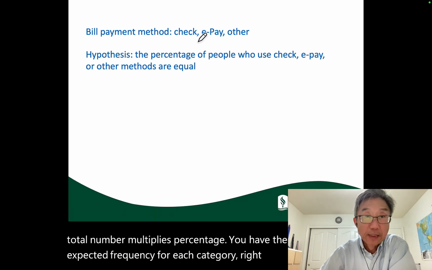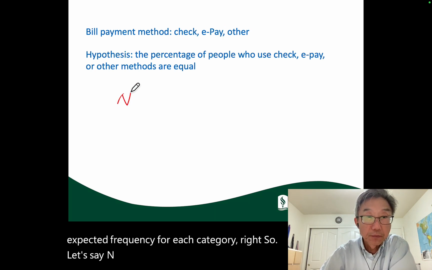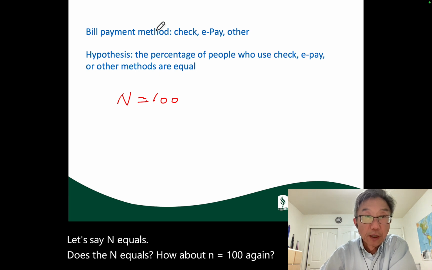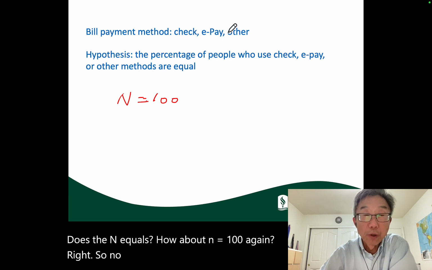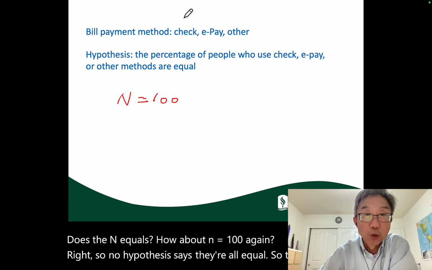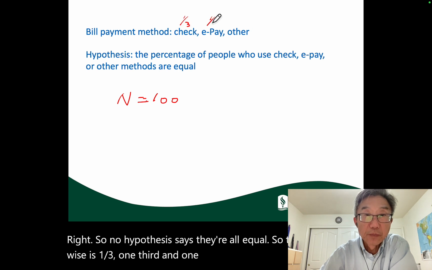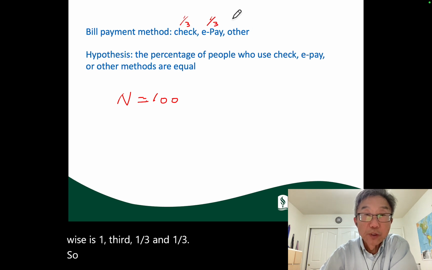So let's say n equals, how about n equals 100 again, right? So the null hypothesis says they're all equal. So the percentage-wise is 1/3, 1/3, and 1/3. So what is the expected frequency in this case?